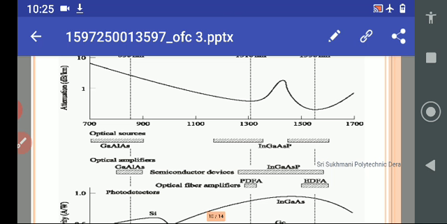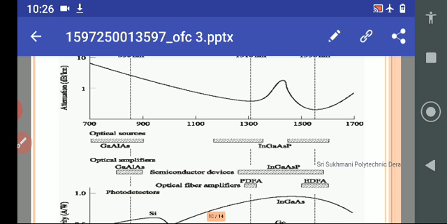They are all sources, and they operate at these three optical windows. If we select suitable material for them, they will give us better results with minimum losses and minimum dispersion.